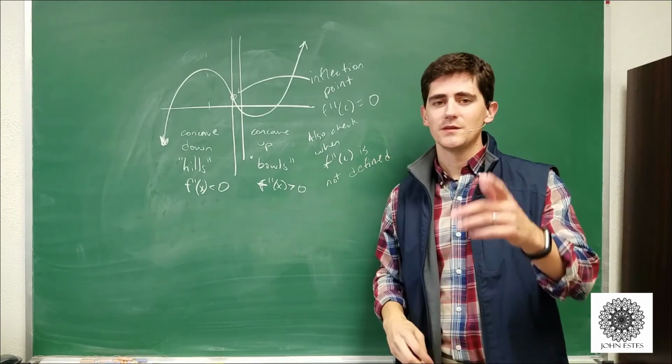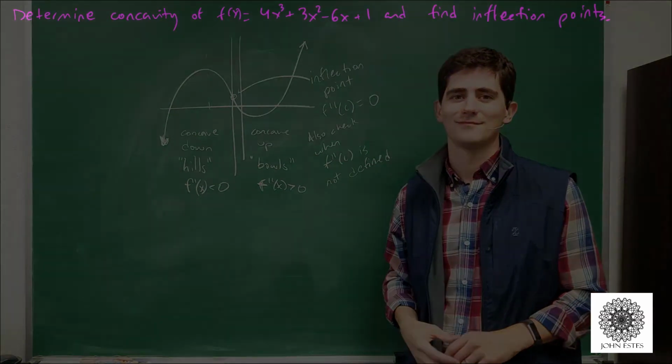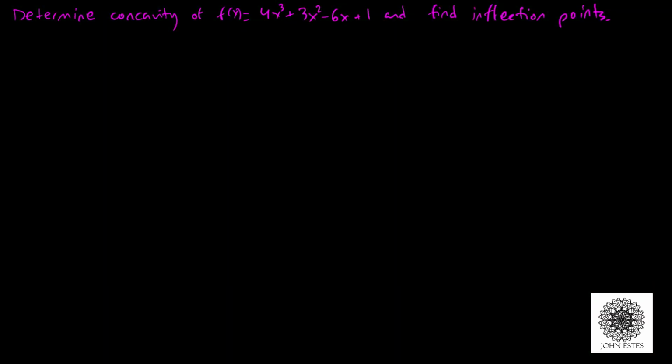Okay, let me show you an example of how this works. Here I want to determine concavity of f of x, which is 4x cubed plus 3x squared minus 6x plus 1, and I also want to find inflection points. So we just saw the concavity comes from the second derivative, so I need to find the second derivative, and in order to do that I need to first find the first derivative.